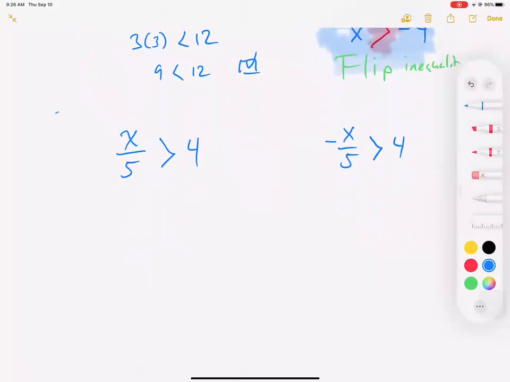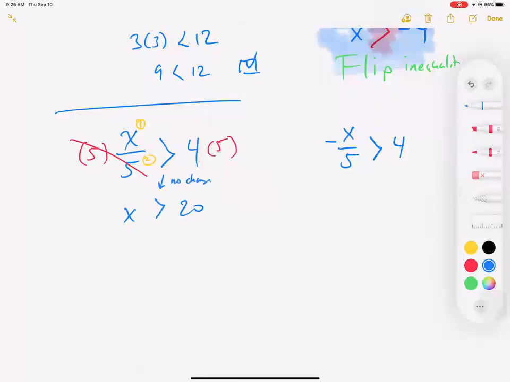On my first problem, we want to save the x, and we want to get rid of the 5. The opposite of divide by 5 is multiply 5 to both sides. Bam, gone. X is greater than 20. No change. So multiplication, division, no change.